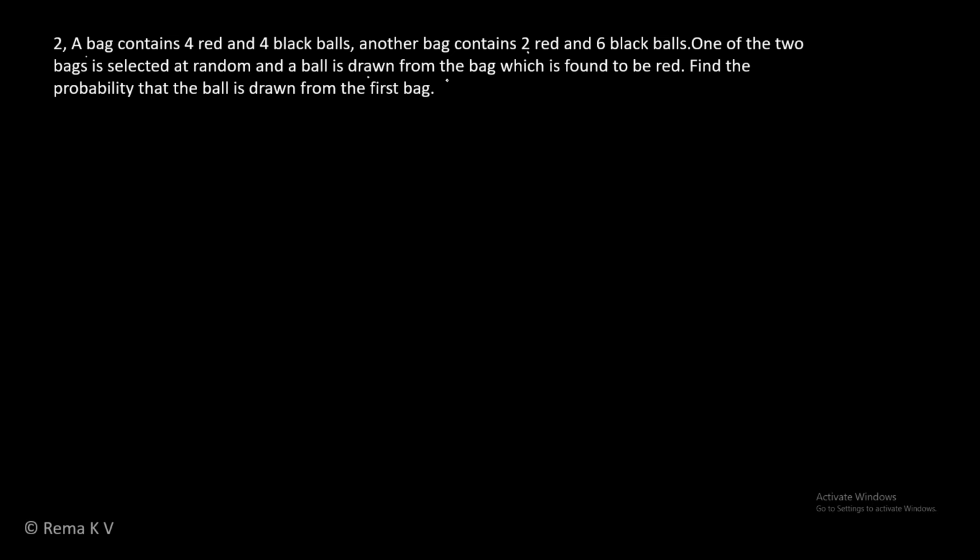See, while getting such a question, first you have to identify what is E1, what is E2, what is A, and what about their probabilities. So for that, first see in the question, a bag contains 4 red and 4 black balls. Another bag contains 2 red and 6 black balls. That means 2 different bags are there. So let us write bag 1 and bag 2.